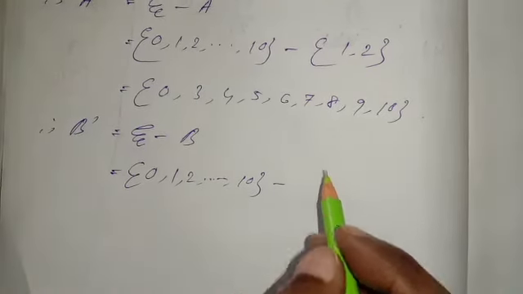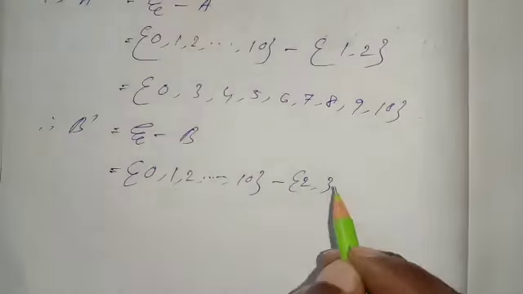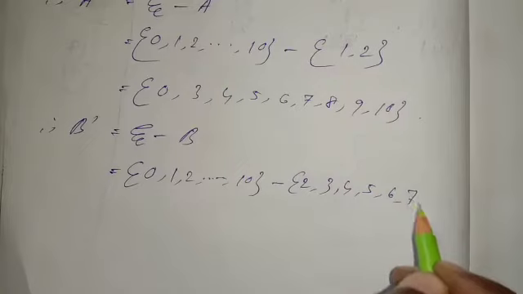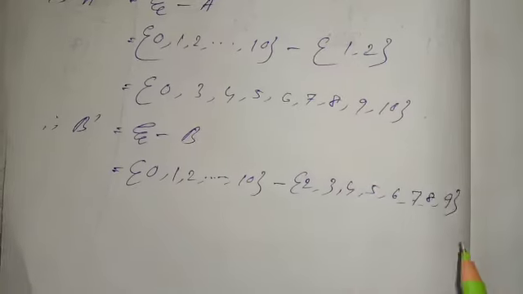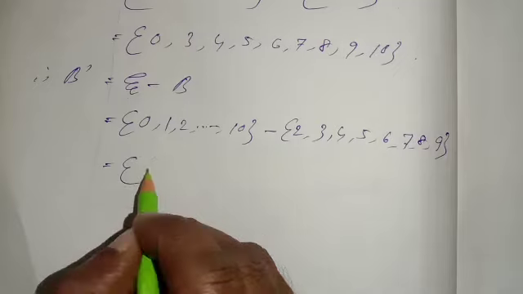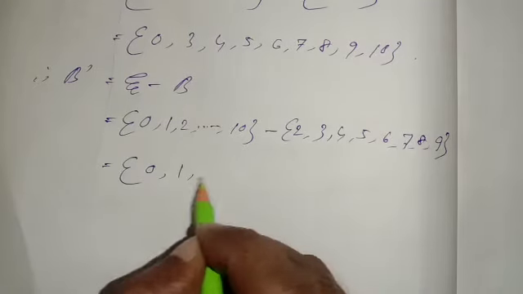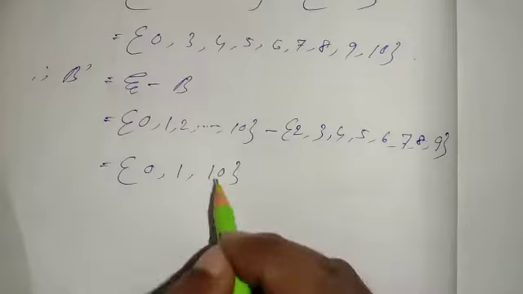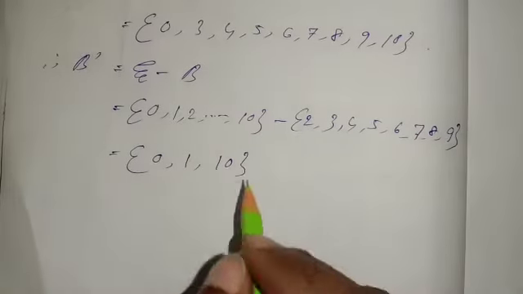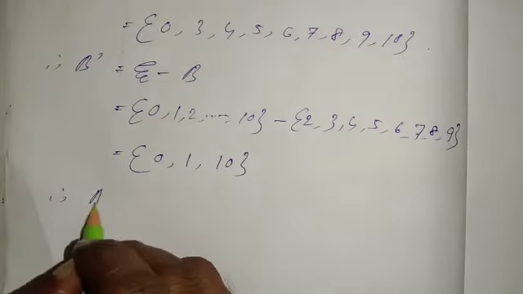B set is 2, 3, 4, 5, 6, 7, 8 up to 9. Now omit from here. How much left? Only left 0 and 1. 0, 1, 10. This is B complement.